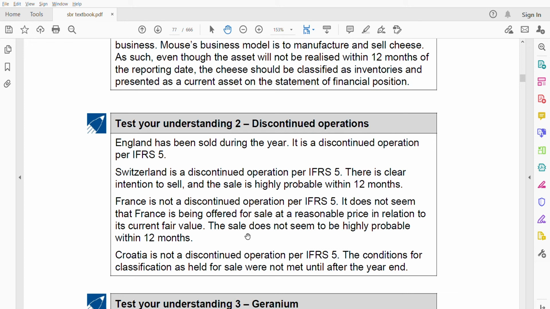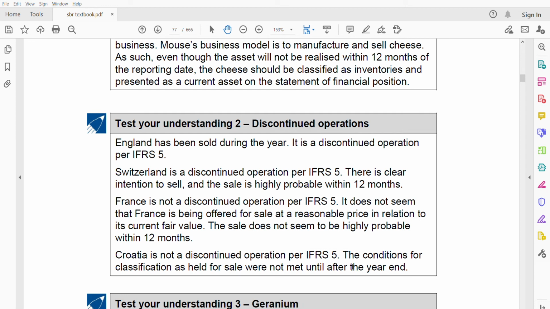The financial year end is 30th June 2004. It was sold after the financial year end, so it is not a discontinued operation. Why? Conditions for classification as held for sale were not met until after the year end.